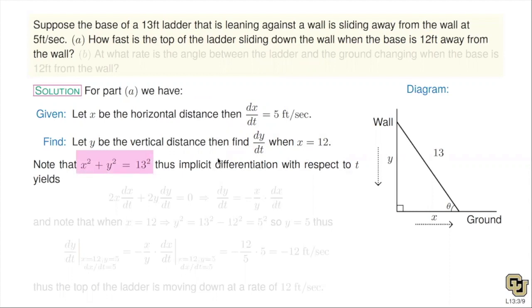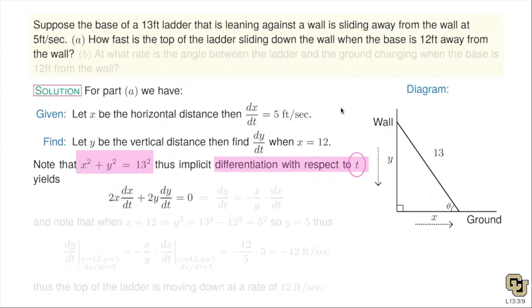Now I can take a derivative with respect to t on both sides. The derivative of x squared is 2x dx/dt. The derivative of y squared is 2y dy/dt. The derivative of 13 squared is obviously 0.